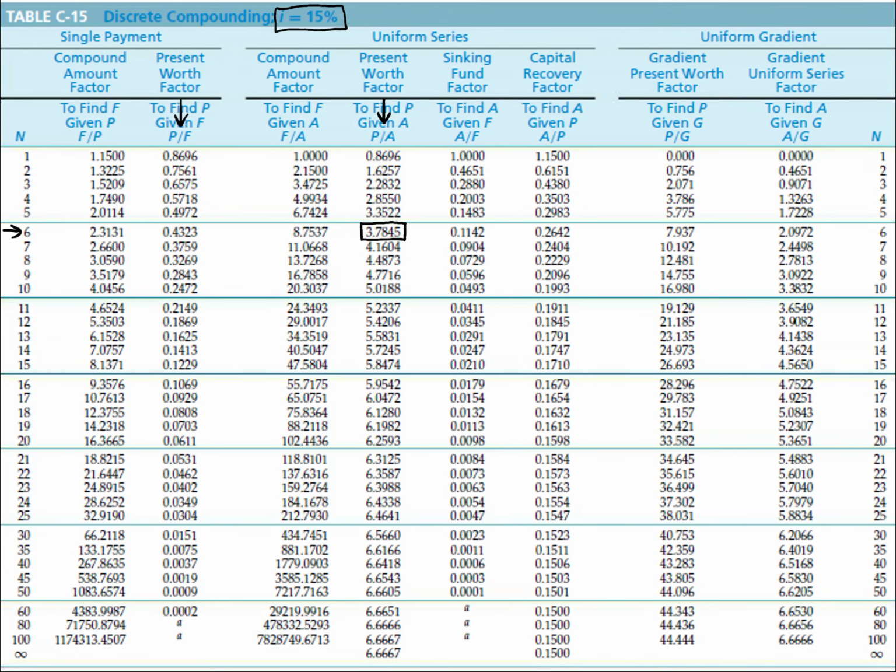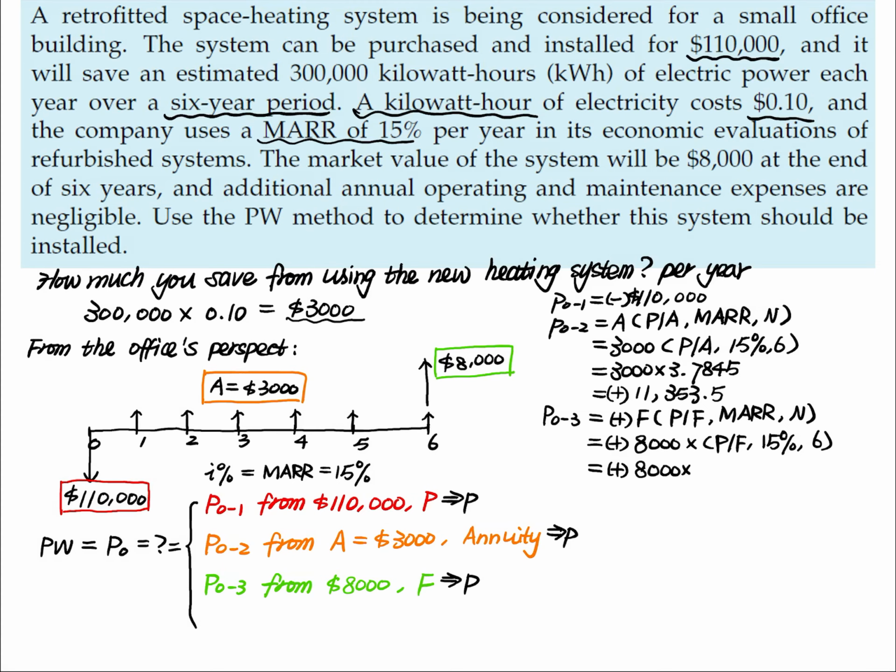So positive 8,000 times the factor P/F. The row is 6, so it's this. So it's 0.4323. It's positive 3,458.4.